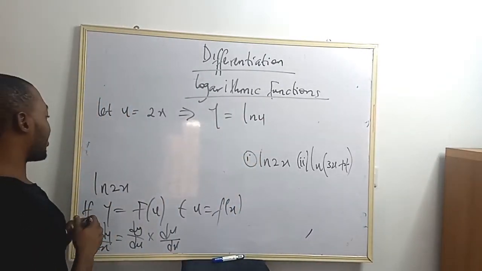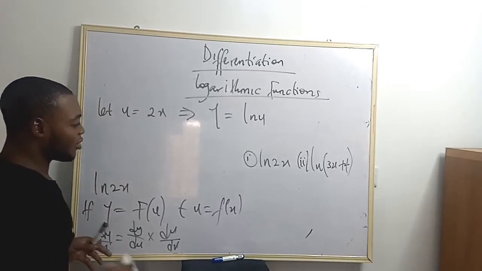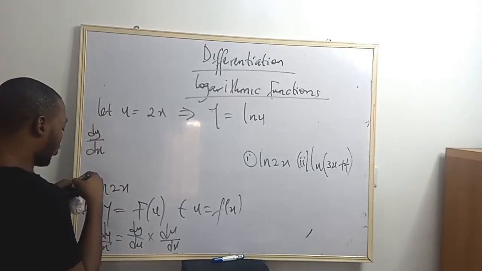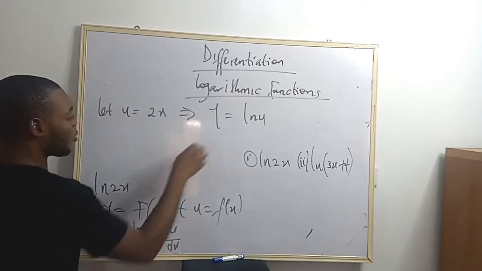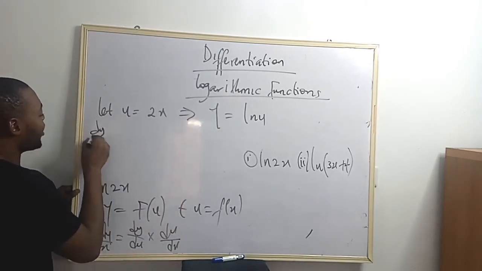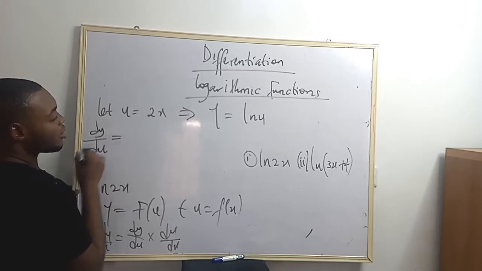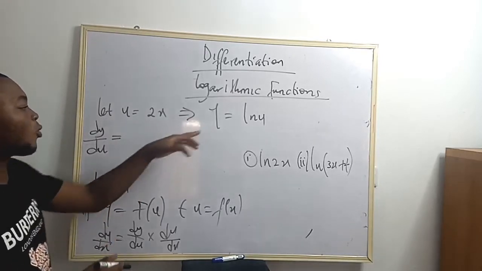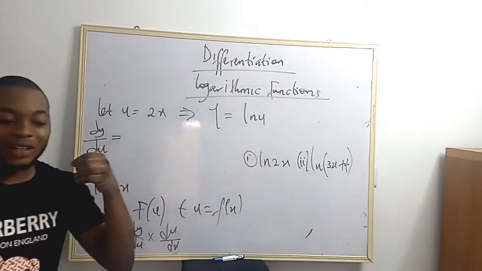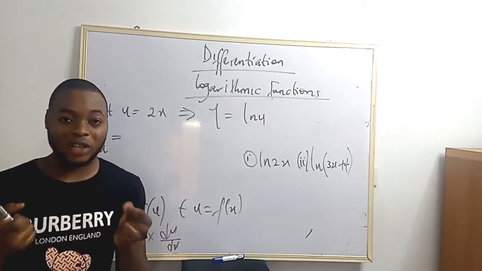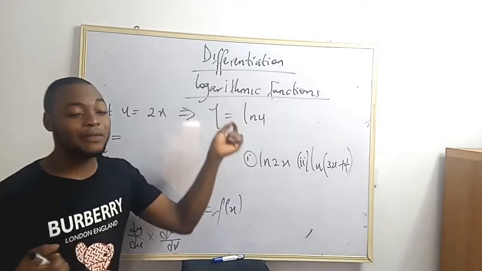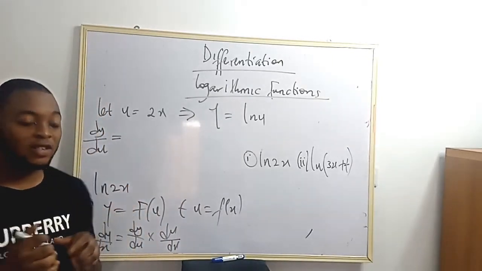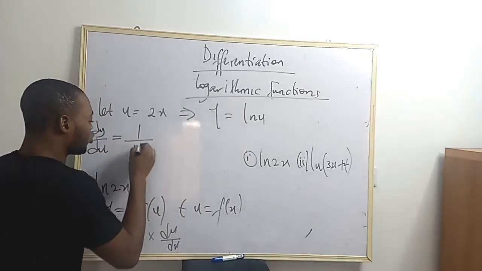So from here now, to find our dy/dx, first you find dy/du, that is, you differentiate y with respect to u. If y is equal to ln x, dy/dx is equal to 1 over x. That implies if y is equal to ln u, dy/du should be equal to 1 over u.